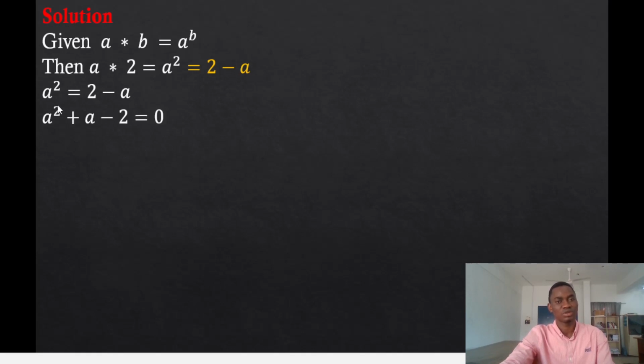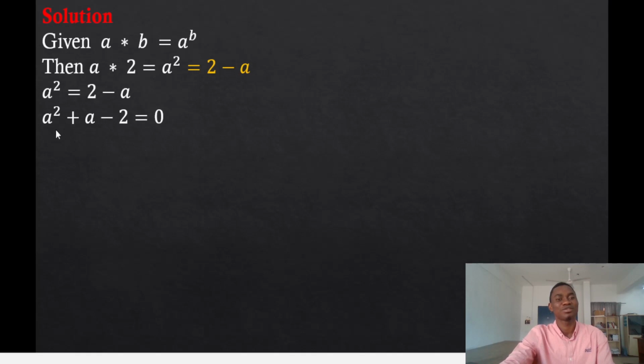Let's see how it goes. We bring 2 and minus A to the left hand side, and that gives us A squared plus A. When minus A comes to the left hand side, it becomes plus A. And when 2 crosses to the left hand side, it becomes minus 2.